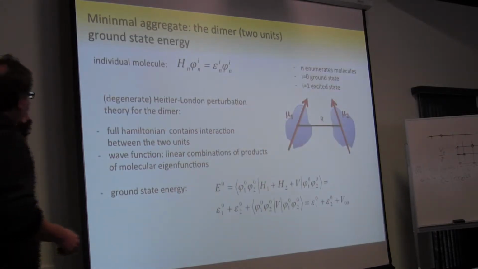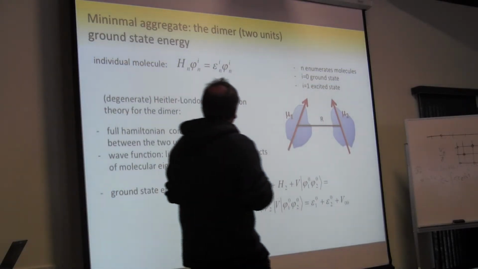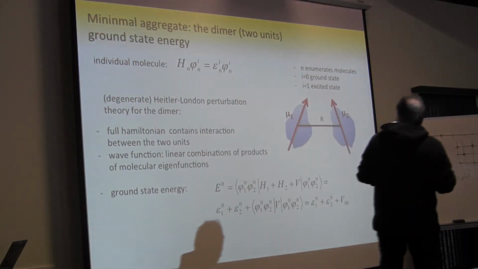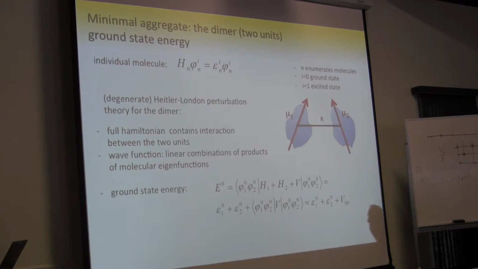Okay, now let's talk about the minimal aggregate, the dimer, 2 units, and discuss first the ground state energy. So here are now my two charge distributions with the dipole. They're separated somehow, and that's now very simple. I assume that each of these molecules has only 2 states, the ground state and the excited state.